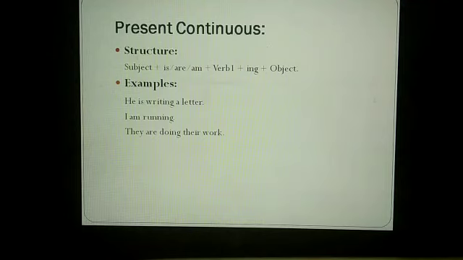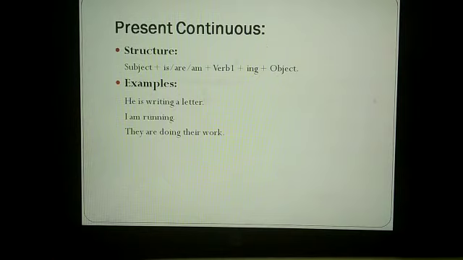Next comes present continuous tense. This is the second part, present continuous tense. What is the structure of present continuous tense? Subject plus is, are, am. We use is with singular person, are with plural person, and am with I, plus V1 plus ing plus object. These are examples. He is writing a letter.